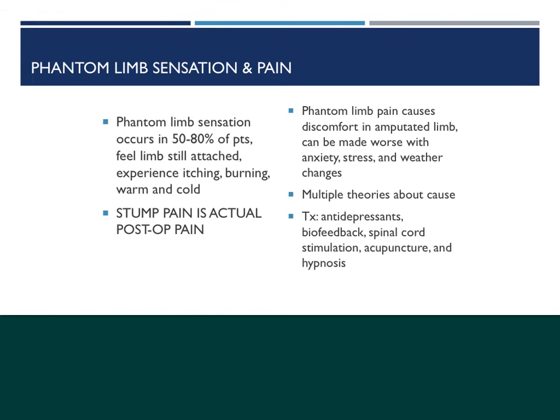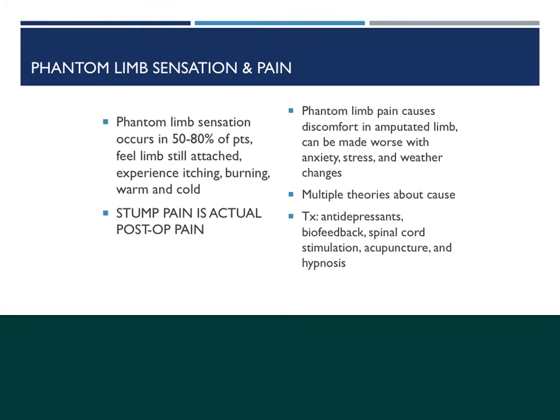There are many theories as to why this happens, for instance, nerve conduction that the brain remembers, but it is not unusual. Fortunately, over time, it does subside, and patients need to be informed of this preoperatively.